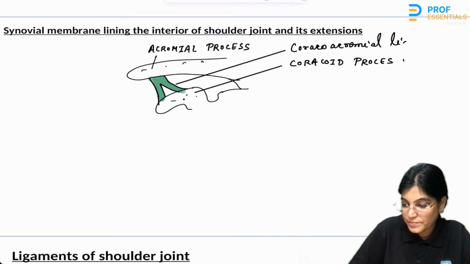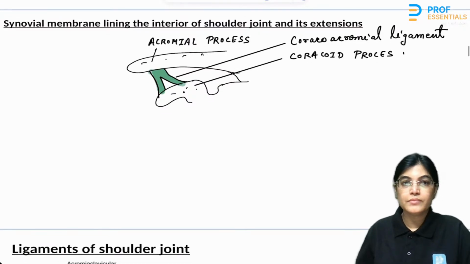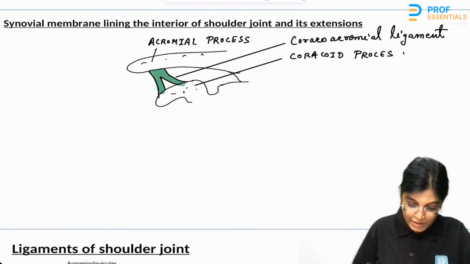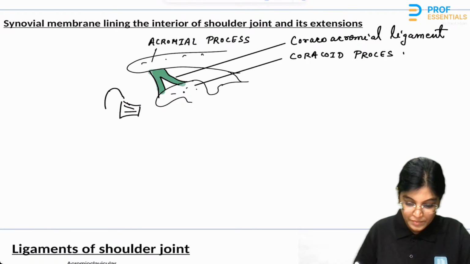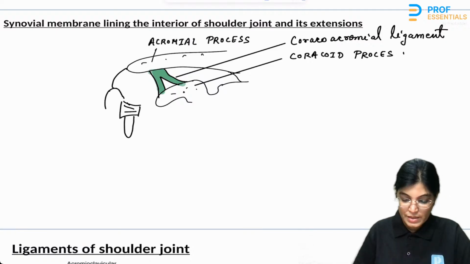Got it, dear? Okay. Now, thereafter, we can also draw the outline of the humerus bone, but here we will draw again a transverse humeral ligament.